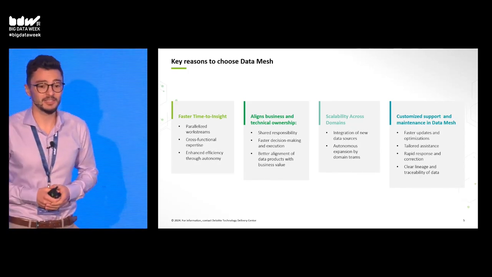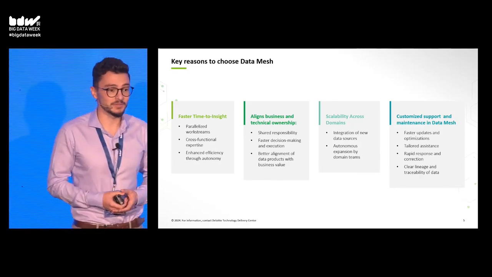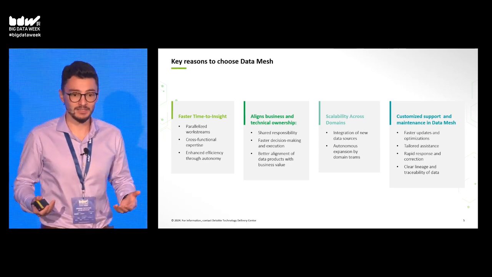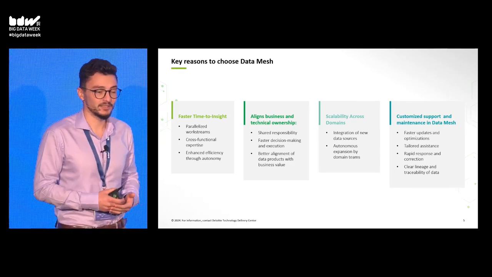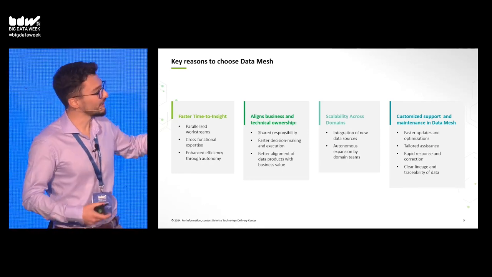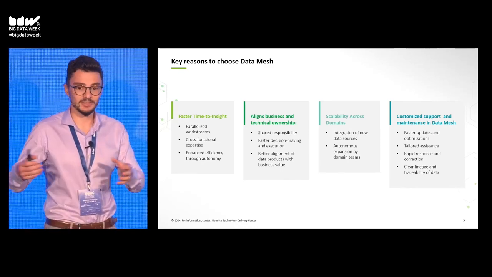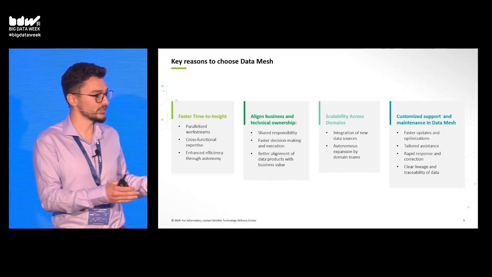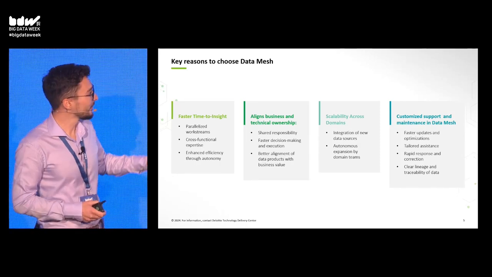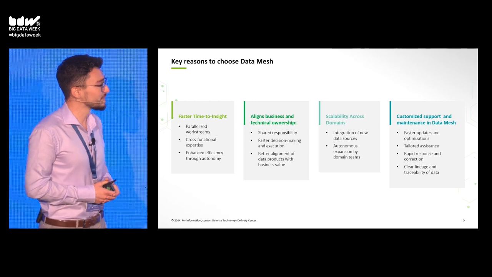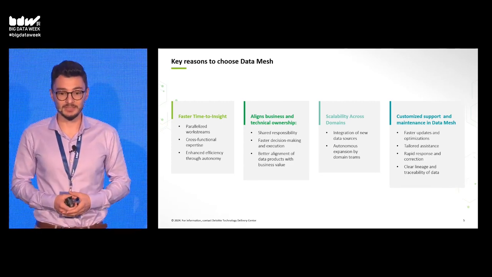First, with having parallel work streams. Domain teams can work in parallel, simultaneously, without having to wait for data. Even when they need data from another domain team, there are special regulations that make the process fast. Another part is represented by the cross-functional expertise.